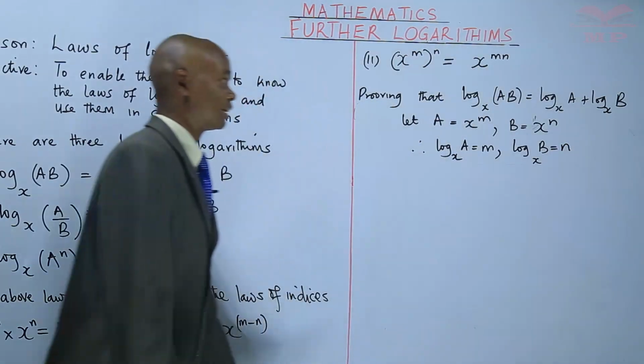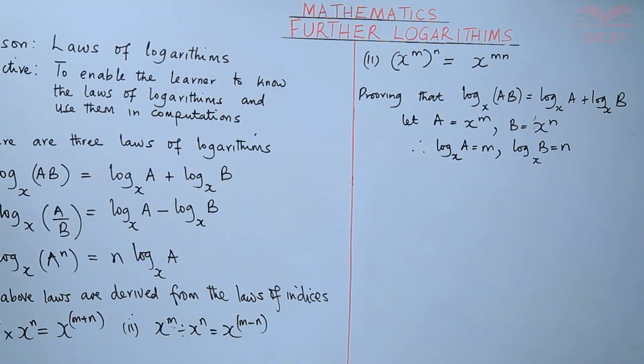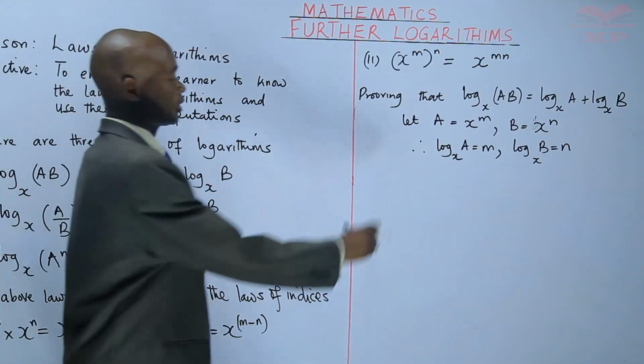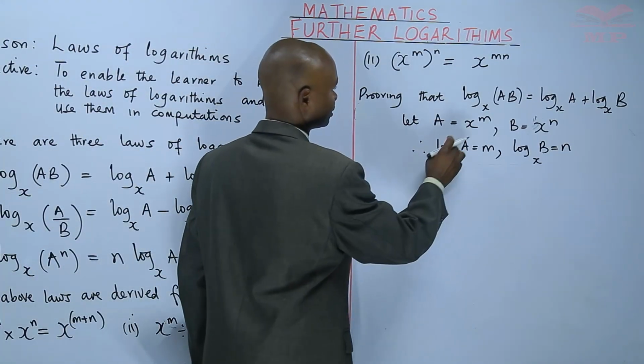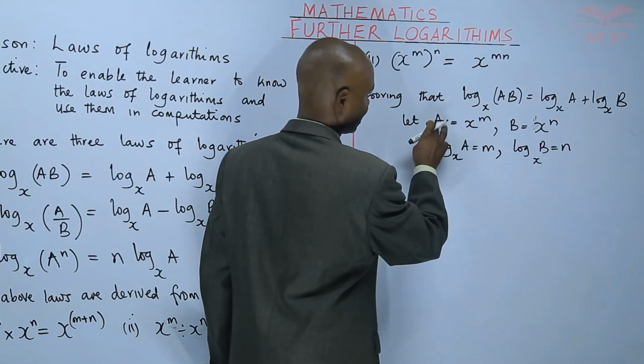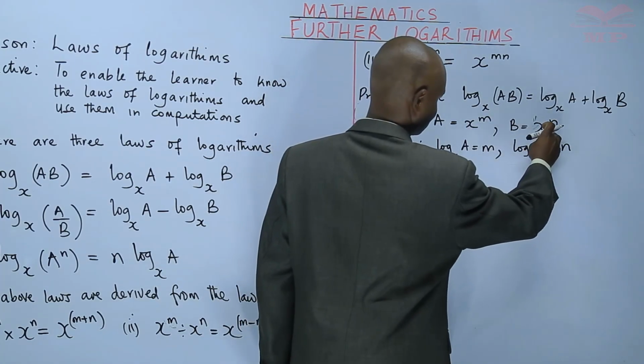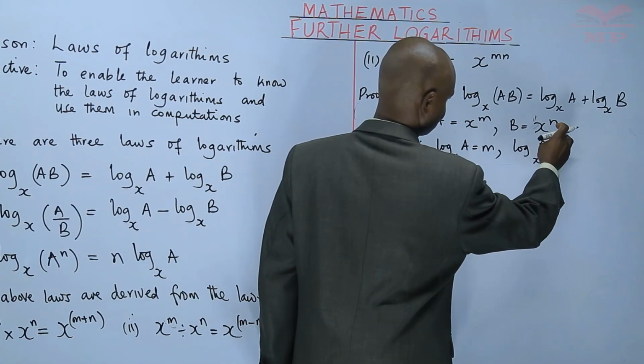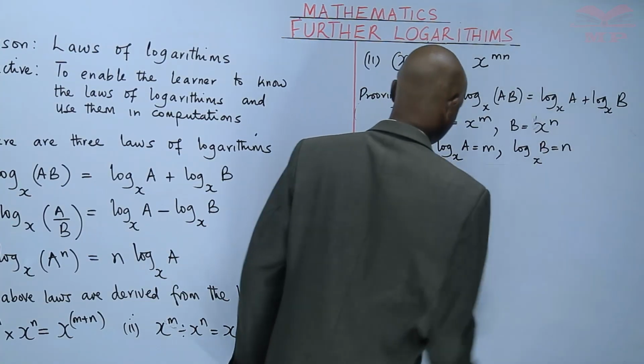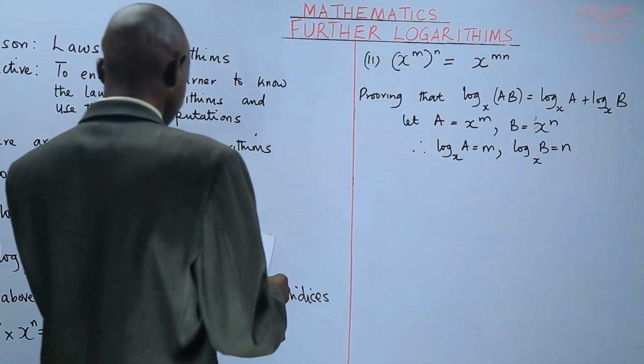You remember in the last lesson what we did. So when you have these, you say log to the base x of a is m, and log of b to the base x is equal to n.